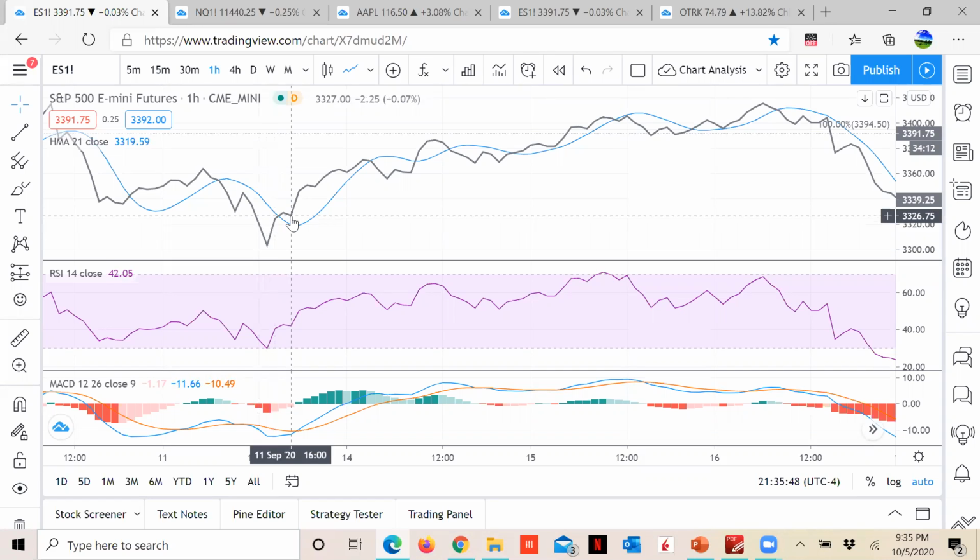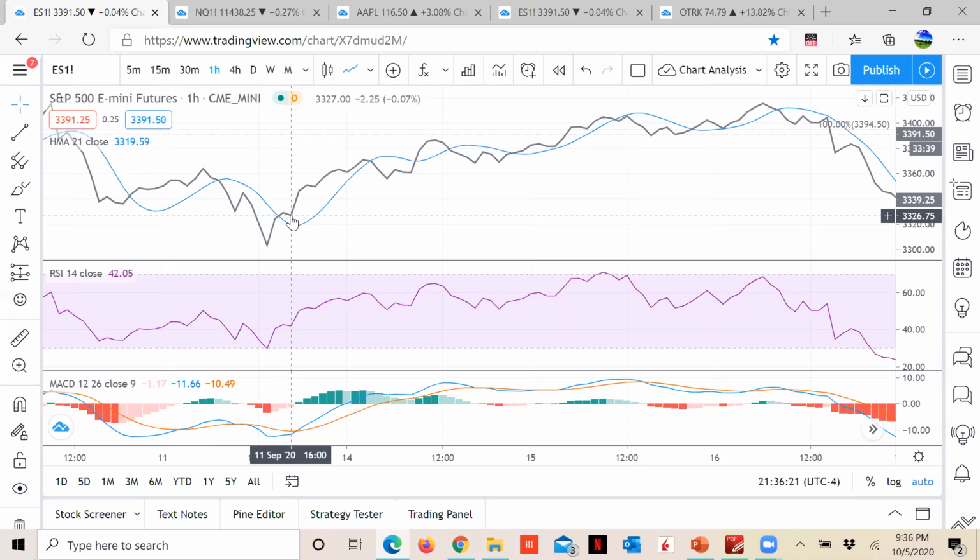So if you add 24 to this 3327, how much is that? 3351. You're adding 24 to 3327, right? The difference between the head and the shoulder here is 24, and then we are adding the difference to this value of the shoulder.